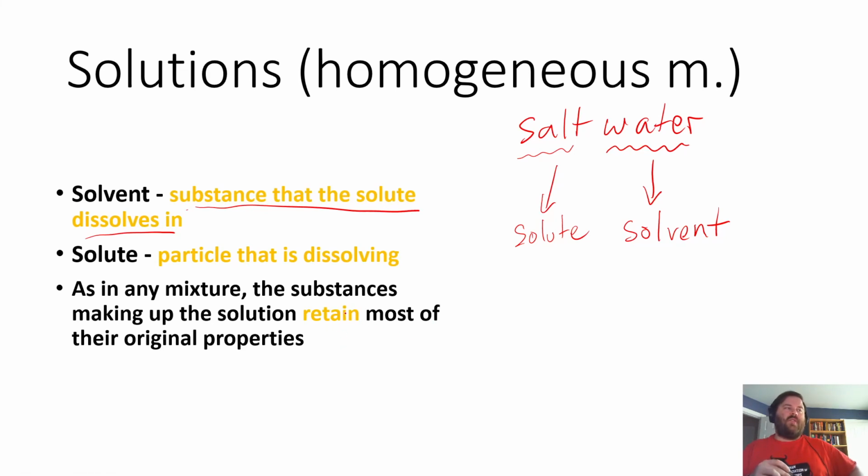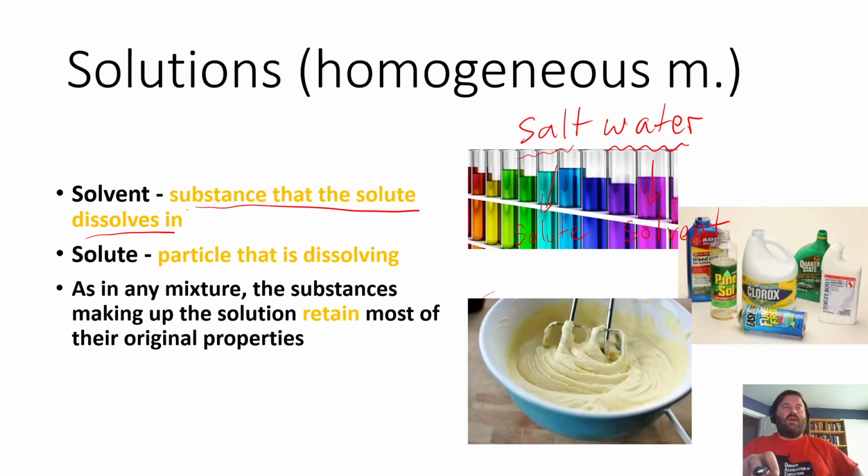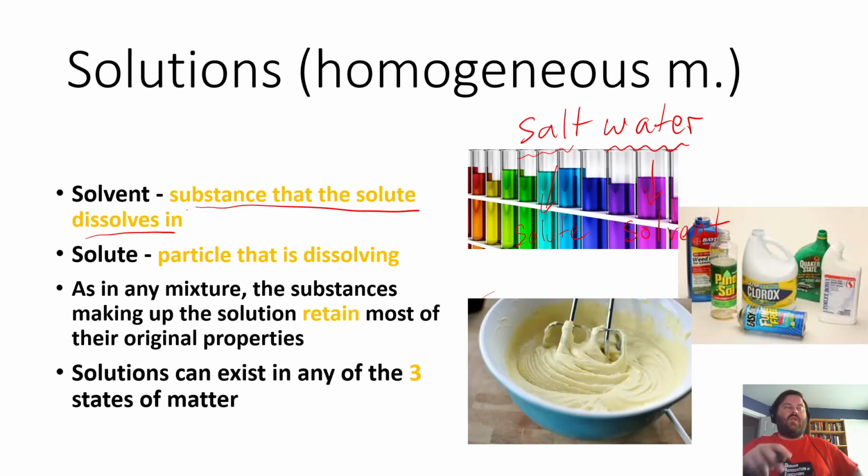Yeah, and the substances making up the solution retain most of their original properties. As we've said before, salt water, if you drink it, it tastes salty because there's salt in there. It doesn't taste sweet because the salt has somehow changed by being dissolved. No, it still behaves more or less like salt. Importantly, solutions can exist in any of the three states of matter.